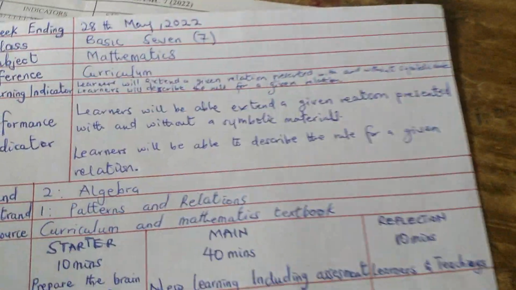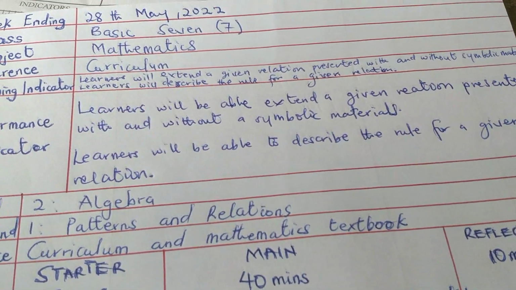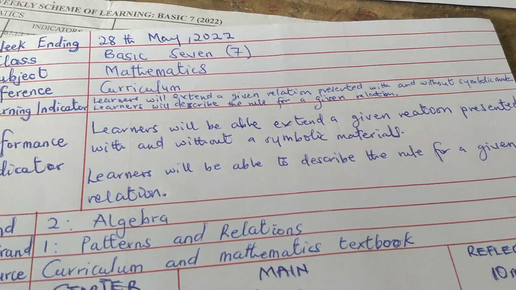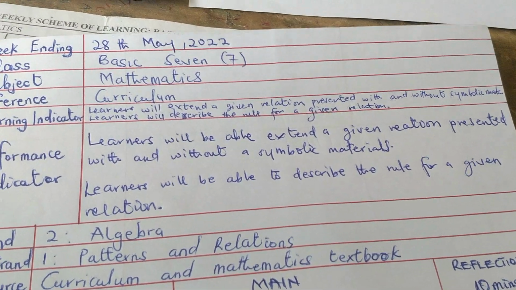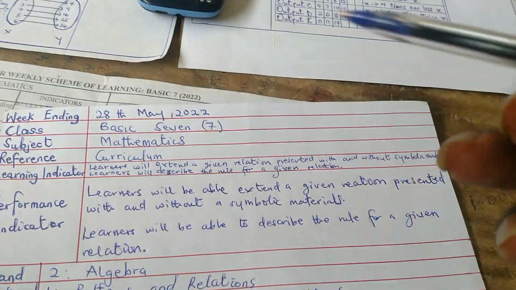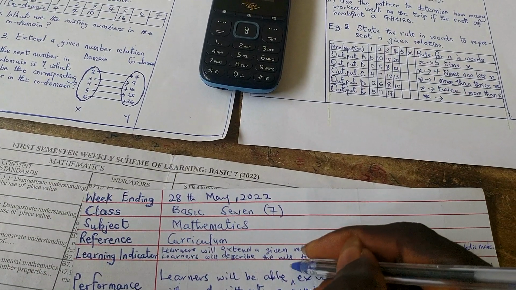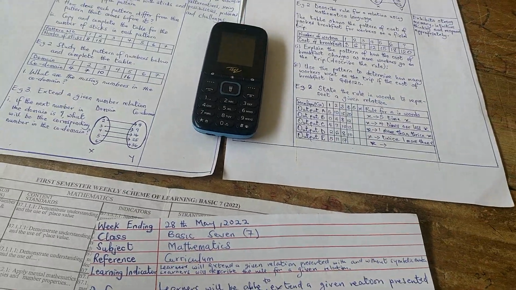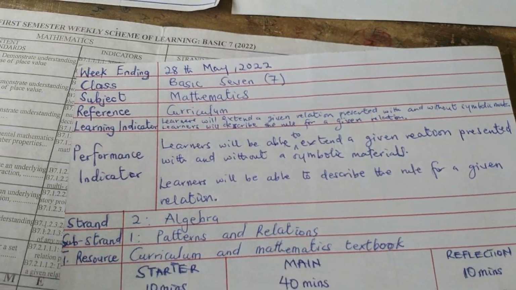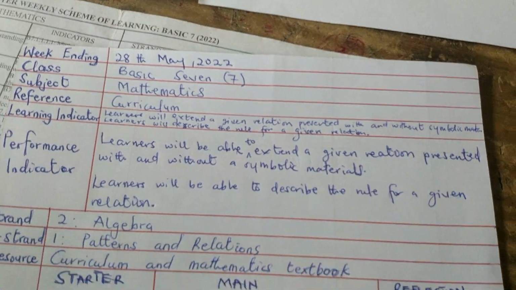The learning indicator is actually what the learners are going to learn. The performance indicator is what the learners can now do after learning. So what you just add is learners will be able to extend a given relation. That is the performance indicator. With the learning indicator, the learners will, that is what they are going to do.